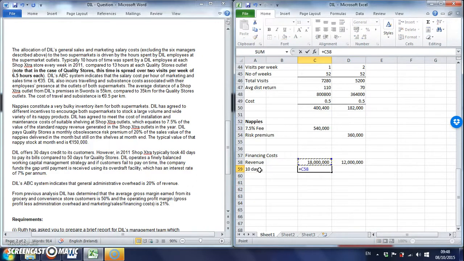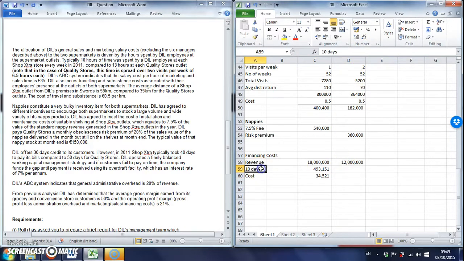It's 18 million divided by 365 times 10. So that is about 493,000 worth of sales. And the cost of that is, well, if that's the amount that's always outstanding, they're always paying that late over the year, you're going to have to fund that at 7% of an overdraft. So it's going to cost you 7% because they're always paying 10 days late. It's going to cost you about 34 grand in interest from your overdraft to finance that.